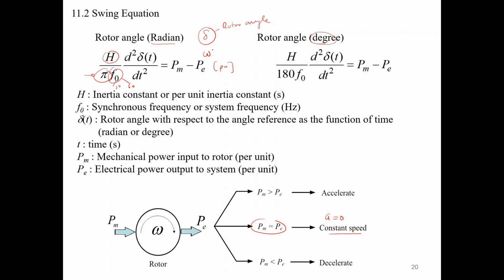If we know the machine is decelerating, we want to know the speed of the rotor as well. So omega is the angular speed or rotor speed, which is d delta by dt.